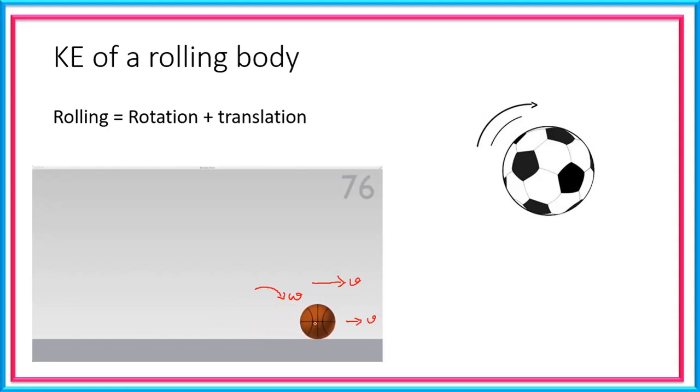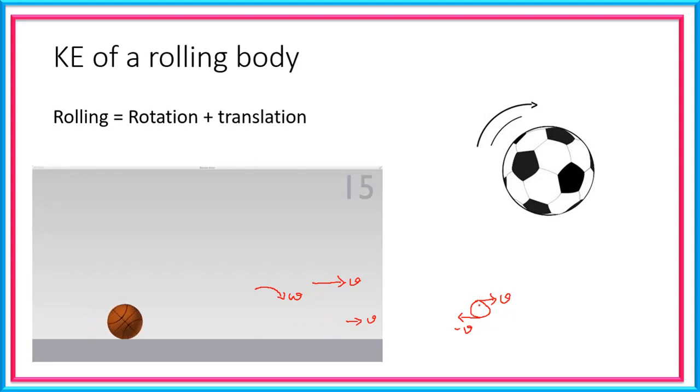Therefore, we can consider it as a body which is translating in a straight line direction. Also, when the upper part of the body moves with a velocity v, then the lower part of the body is moving with a velocity minus v.